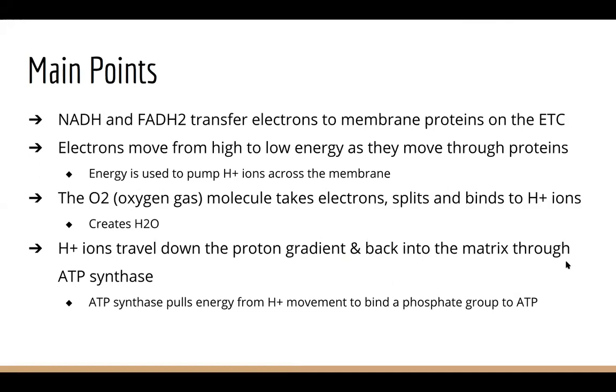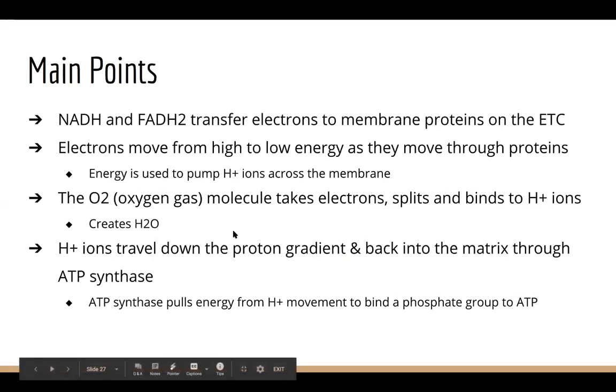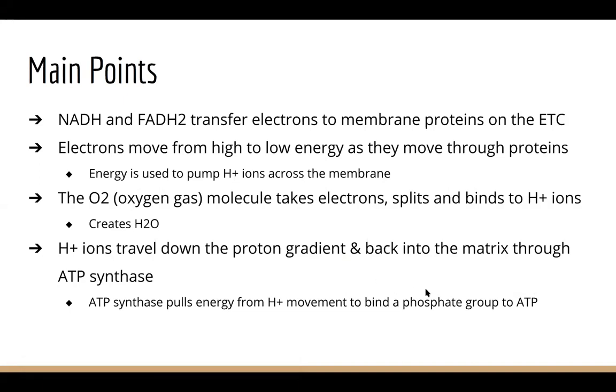The O2 oxygen gas molecule takes electrons, splits, and binds to H plus ions, and this is what creates H2O. And as this happens, the H plus ions travel down the proton gradient and back into the matrix through ATP synthase. ATP synthase pulls energy from the H plus movement to bind a phosphate group to ADP to form ATP.